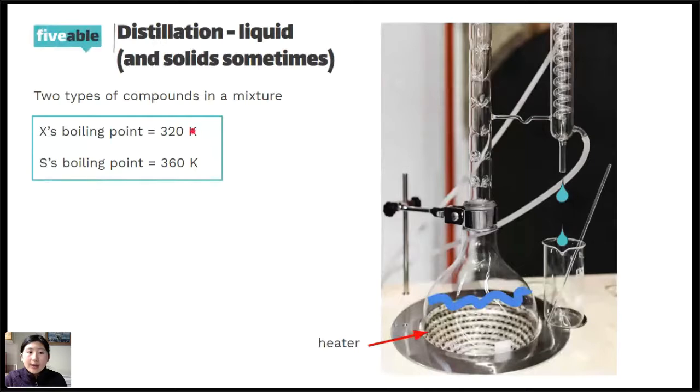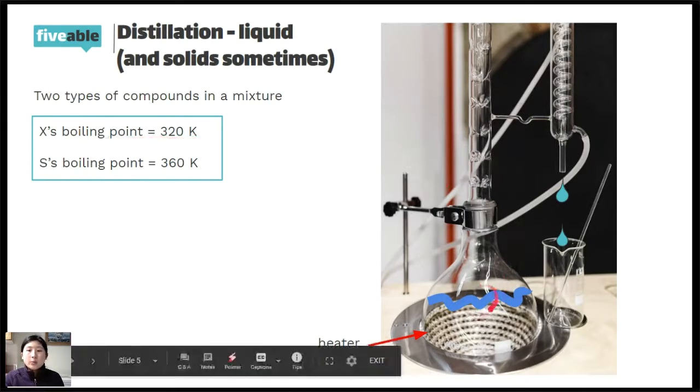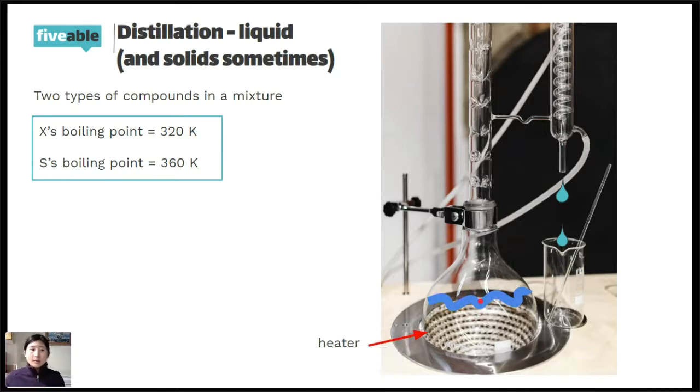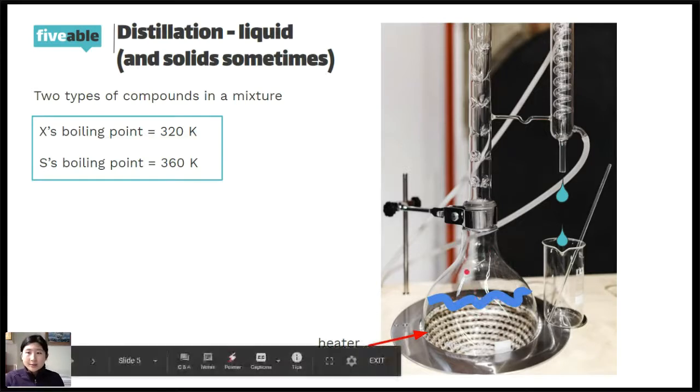So if we had X and S combined in a mixture, not chemically bonded, but mixed together, and if we were to heat it, which one do you think will evaporate first? So you could write down X or S in the chat box.